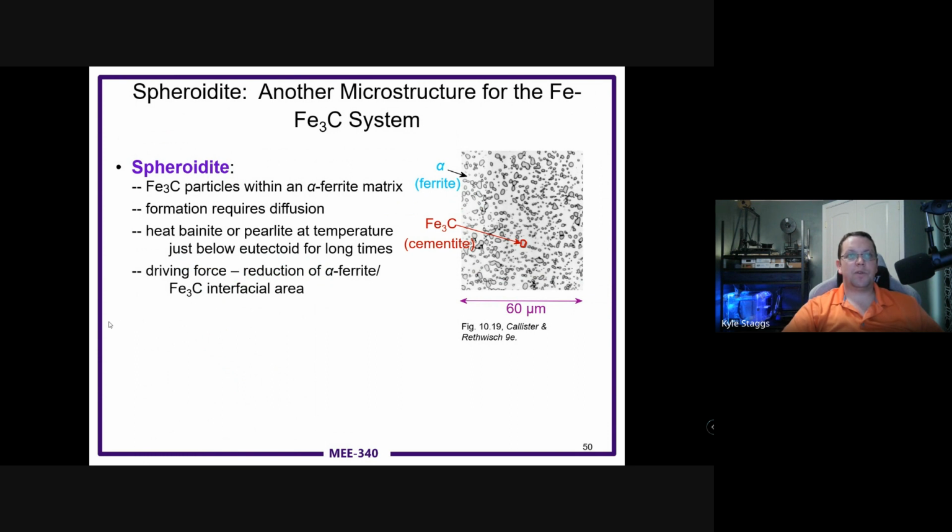The driving force, and it's important to understand, is the reduction of the area between alpha ferrite and cementite. So surface area reduction is that driving force. It's a thermodynamic force at play, where the material is trying to minimize the amount of energy that has to be stored in it.